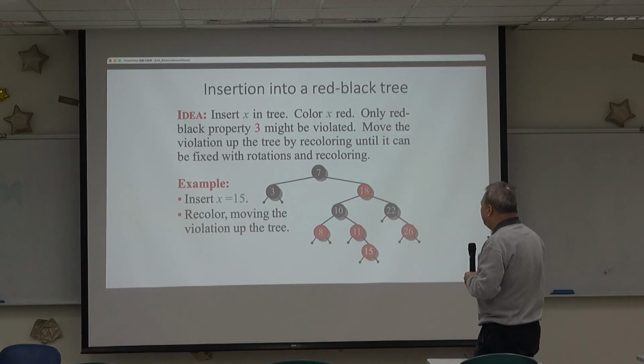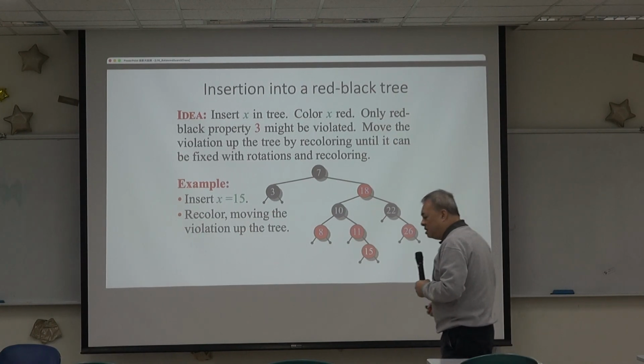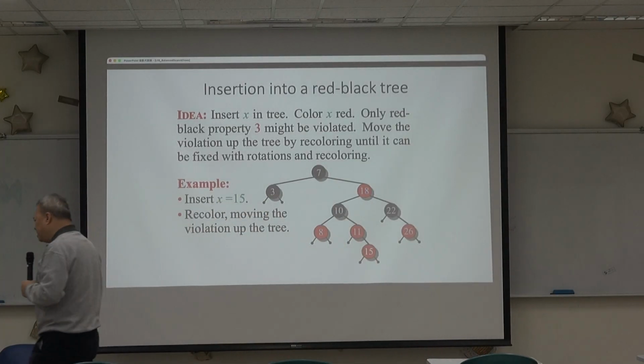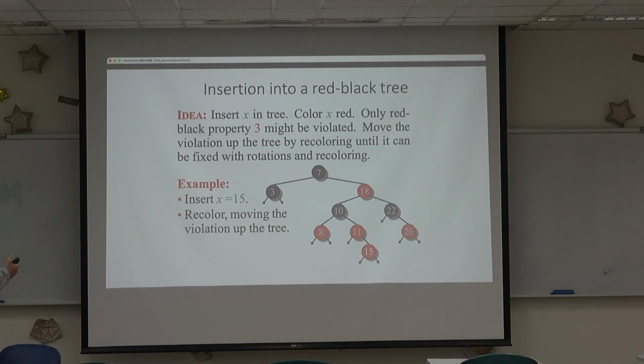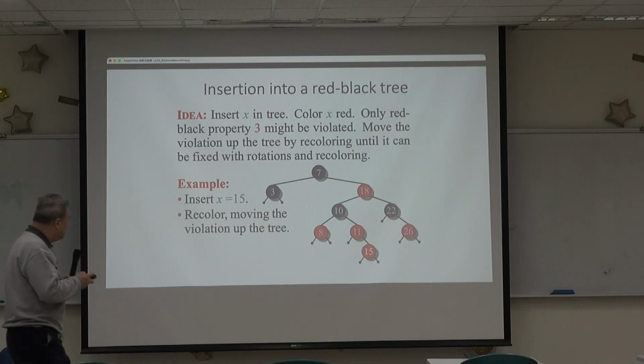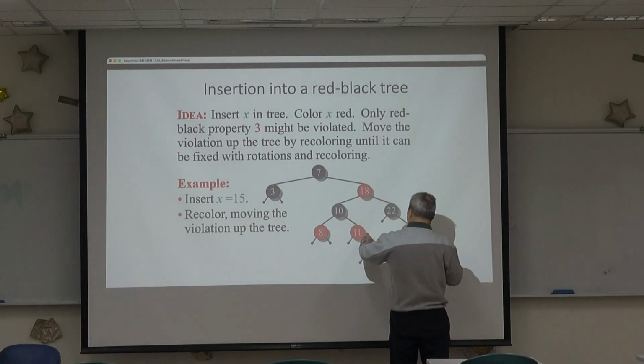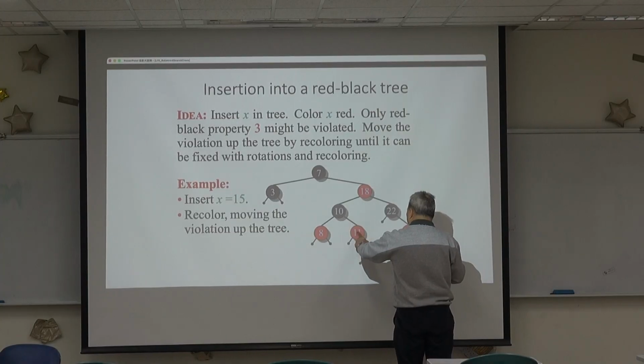But the issue with this one is that there's a property that says for a red node, its parent must be black, right? So this one has to be black. So you have to change this one to black.